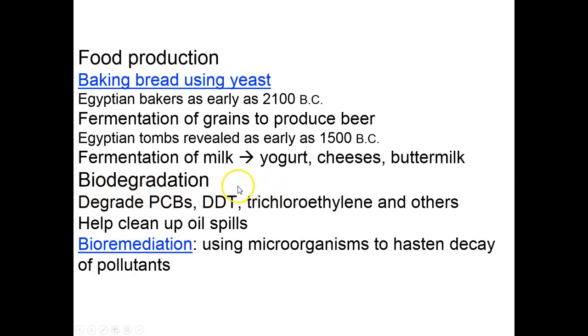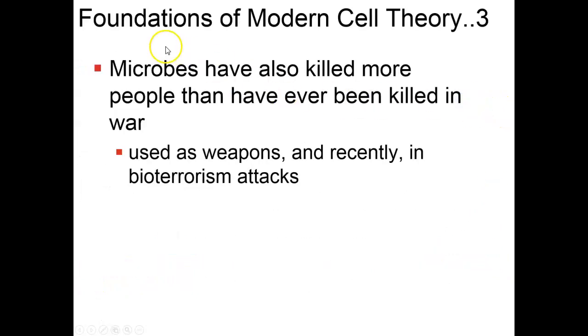So we use microbes to degrade organic materials like oil spills, and bioremediation, where we are using microbes to decay or get rid of pollutants in the environment. So all of that, I always like to remind you of that before we actually talk about the germ theory.